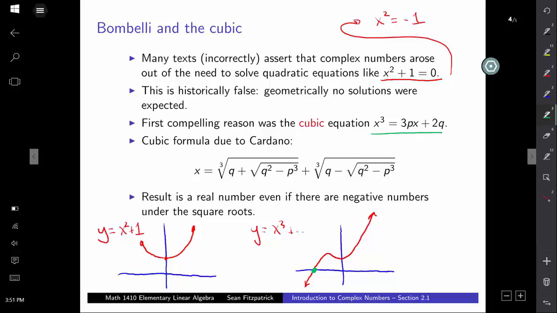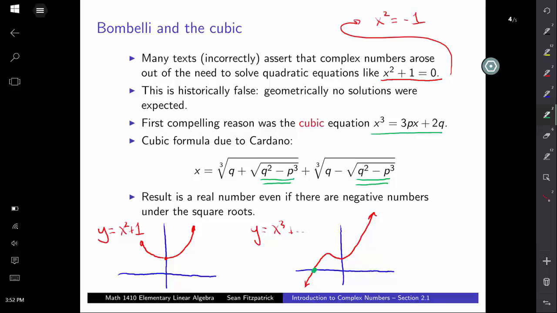This is not something I expect you to actually write down. You don't need to know this formula. It will never come up again in the course. But notice the q squared minus p cubed under the square root. It's not very hard to come up with examples where q squared minus p cubed is a negative number. And if it's a negative number, then how are you going to get an answer?